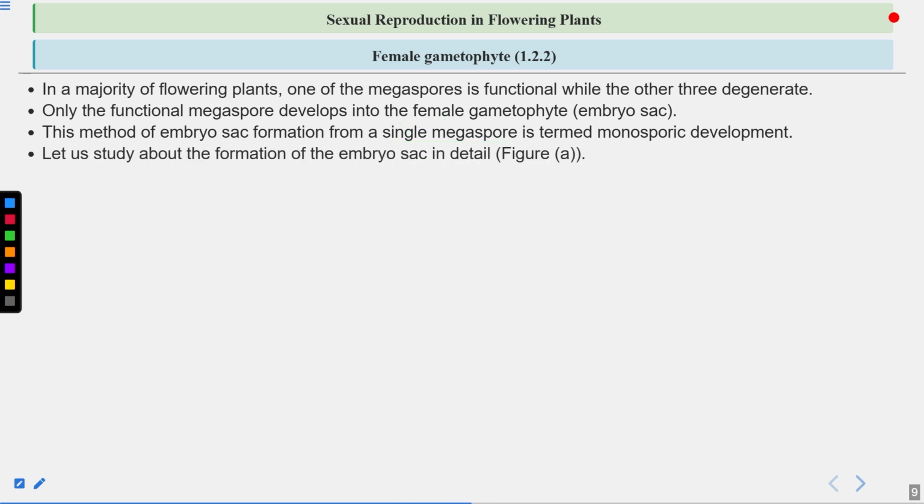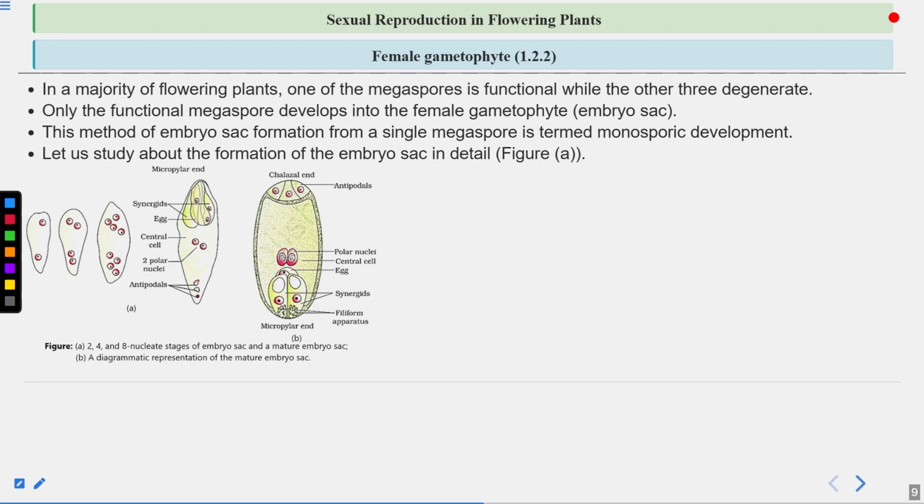So let us study the formation of the embryo sac in detail. Here you can see one of the megaspores, which I am drawing, having just one nucleus. It divides by simple division.